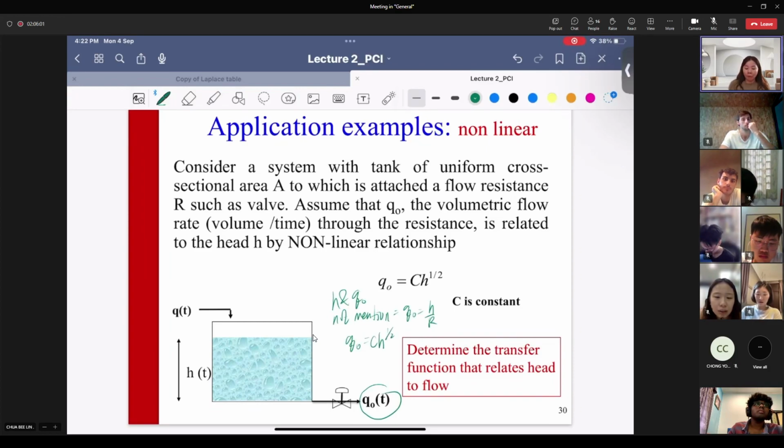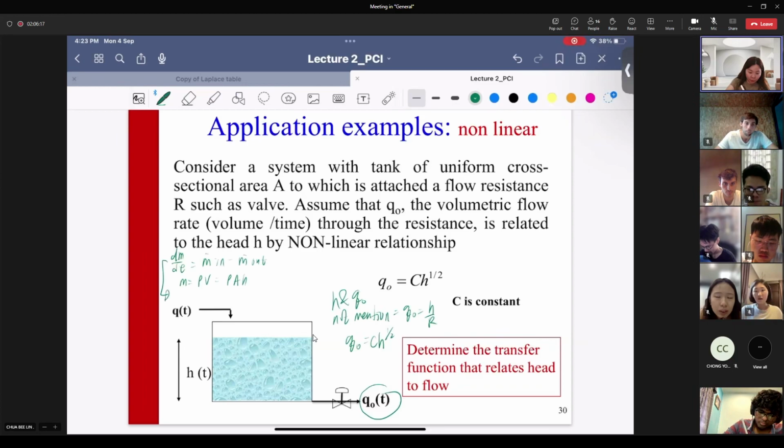So if you derive the mass balance, dm over dt equals mass rate in minus mass rate out. Expand the m, the same thing, it is rho V, rho A h.